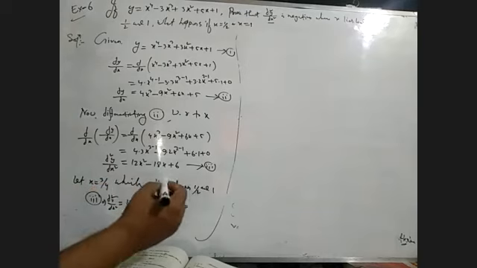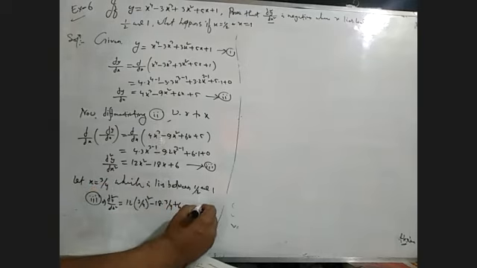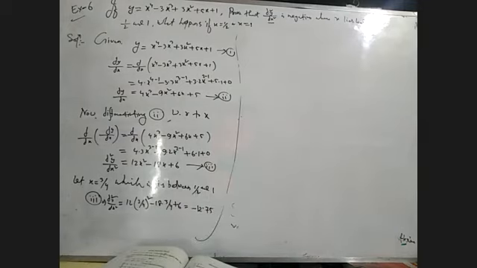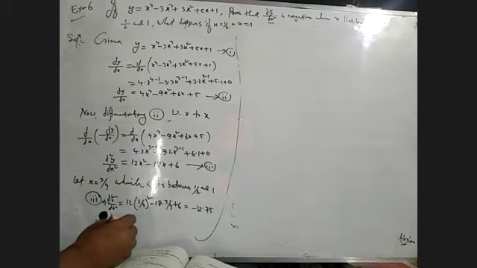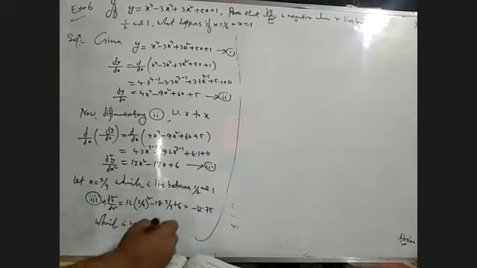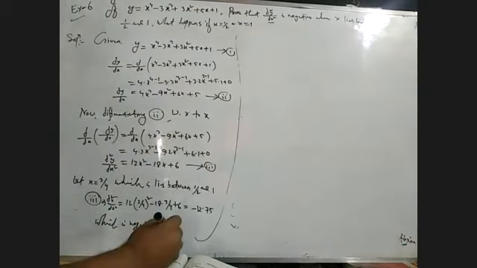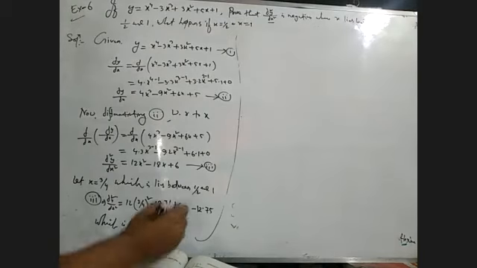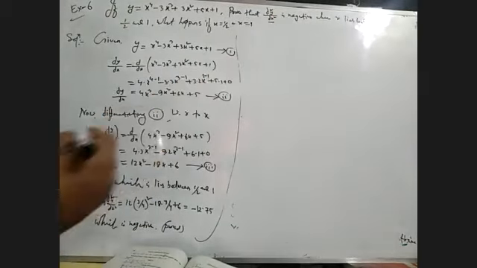Actually we get minus 1.5, which is negative. First part proved. The second derivative is negative.